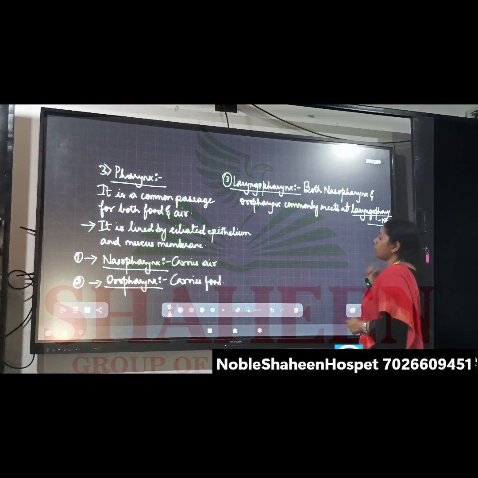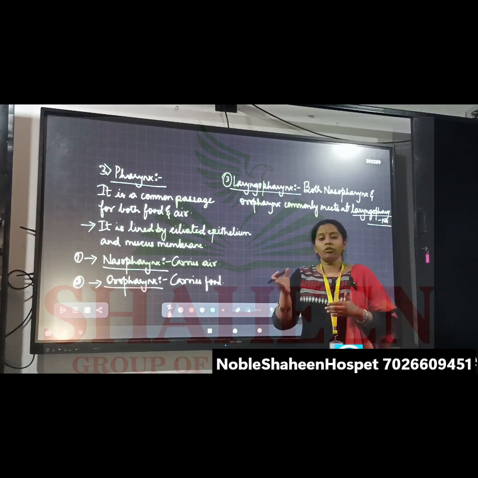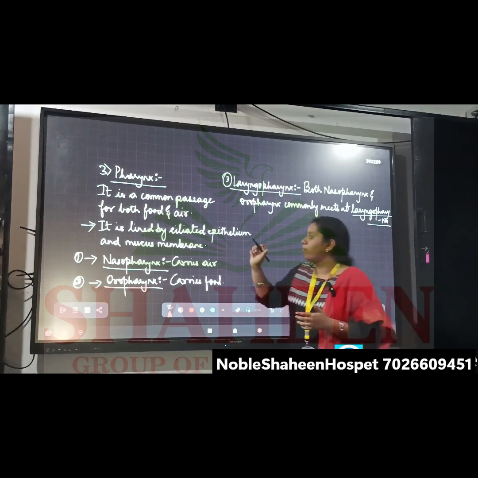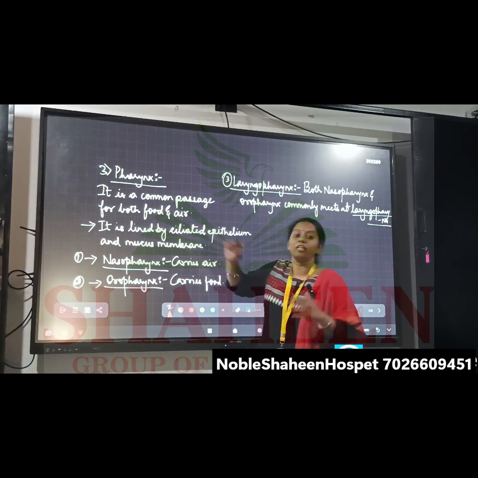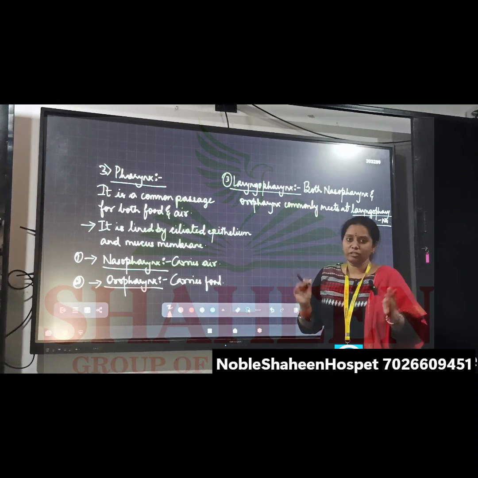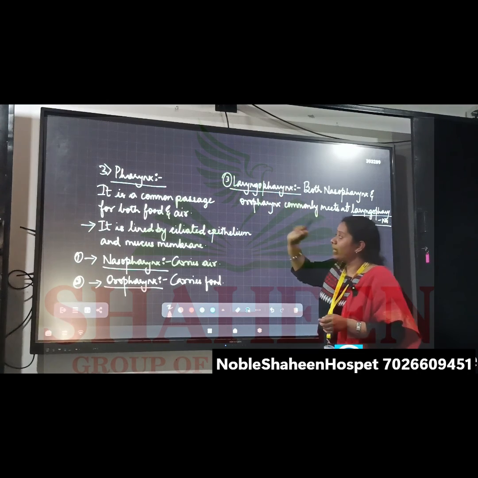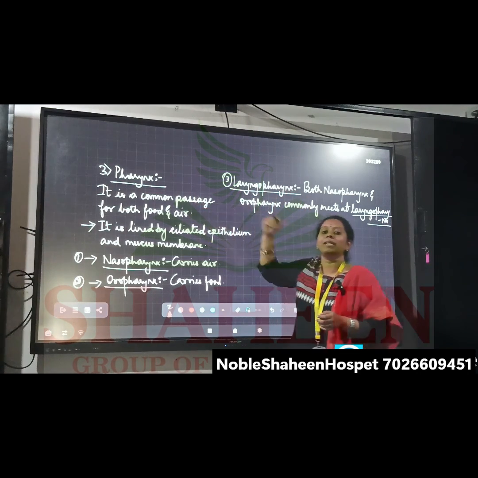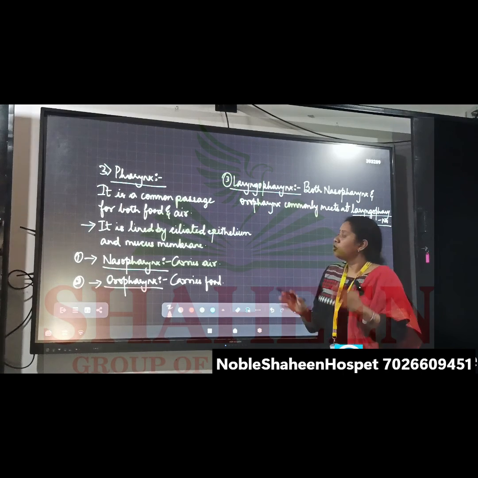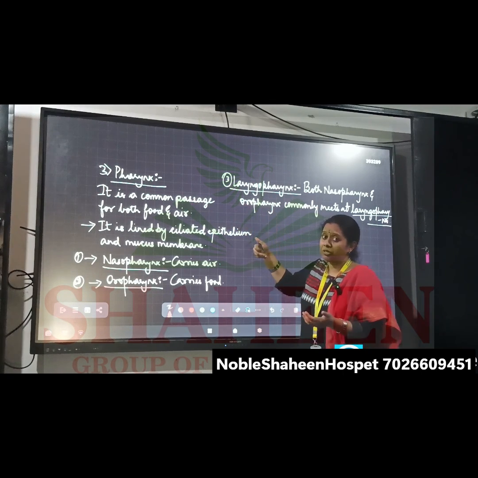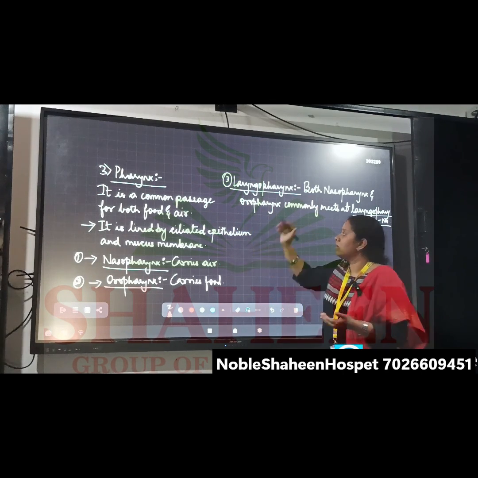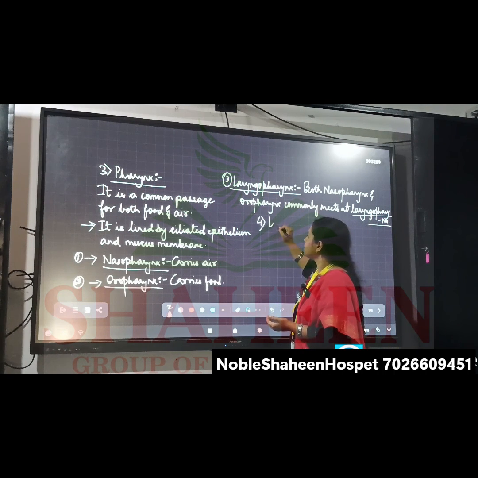So from here, the traveling path of both the food as well as air is very much changed. Food from here is going to go into the esophagus, whereas the air from here has to enter into the trachea. But before entering into the trachea, it has to go through another organ that is larynx.